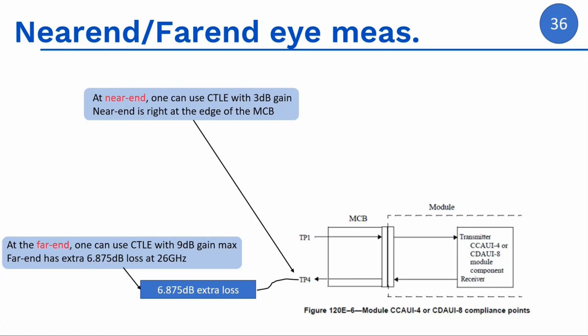For those of you who do not know what CTLE and DFE are, CTLE mainly compensates for the insertion loss. DFE is mainly to compensate for any memory that exists inside your model. And when we talk about memory, we're talking about reflections happening within your model, so you see ripples in the insertion loss.